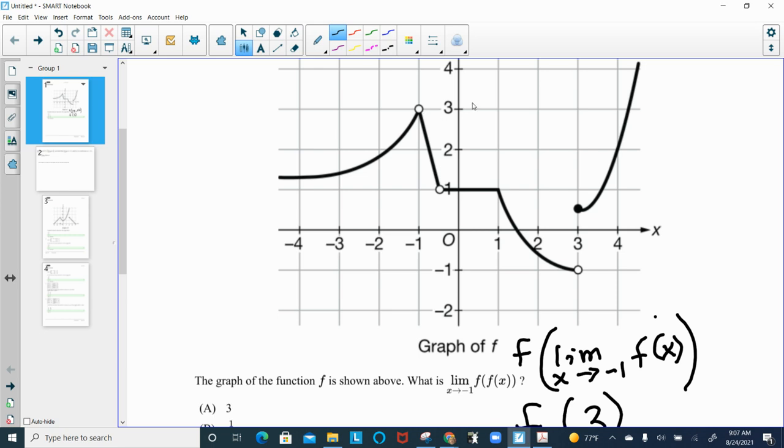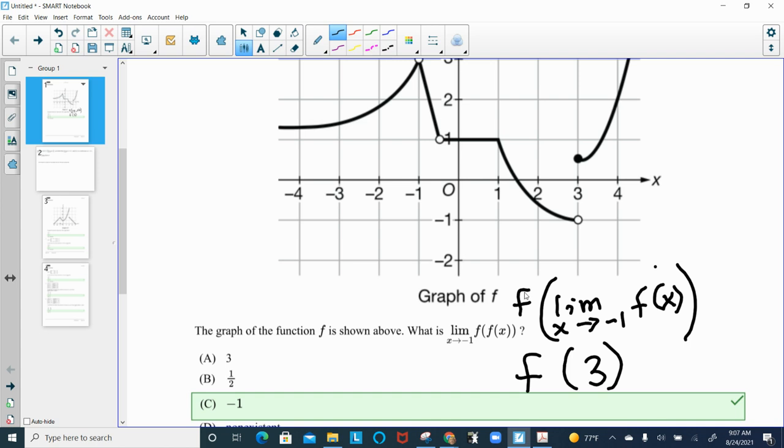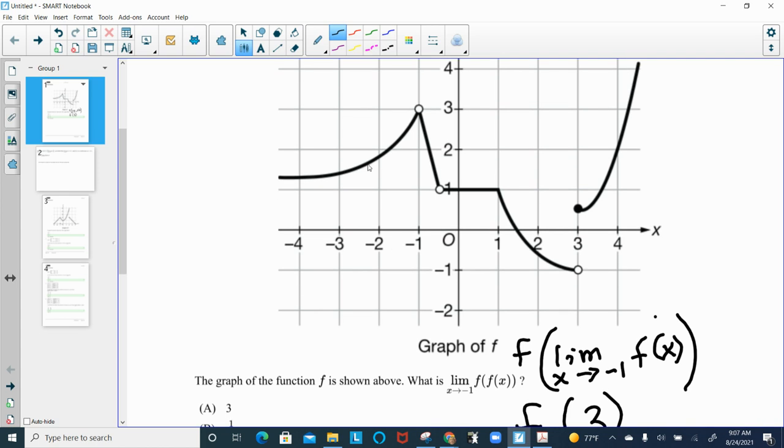They're both approaching the same y value. So we can do that. But the problem here is that we really haven't been specific enough. It's approaching 3, but it's approaching 3 from lower values, okay?